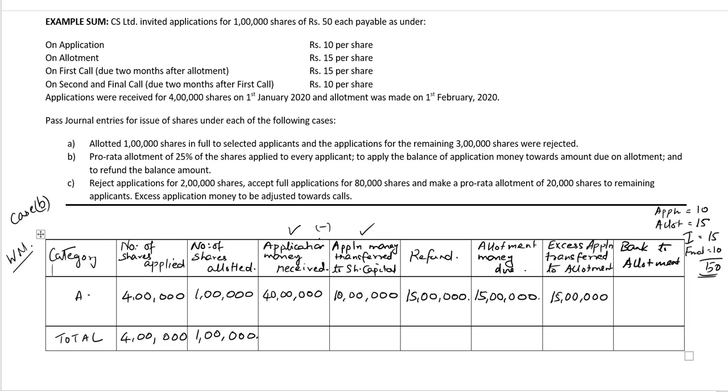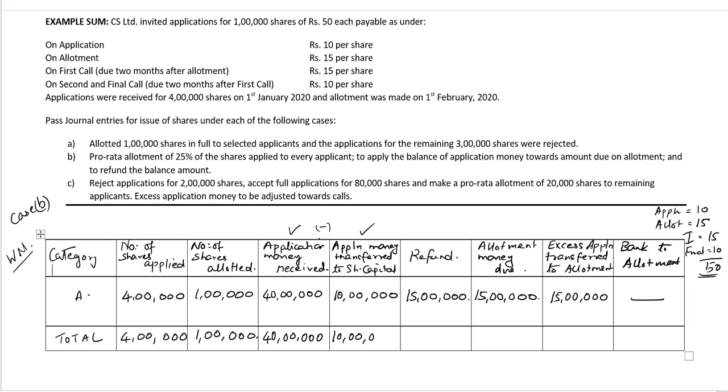And the bank to allotment, the allotment money due was 15 lakh. And the entire 15 lakh has been taken from excess application money. So no amount is payable on allotment. Let's total up the columns. Application money received 40 lakh.